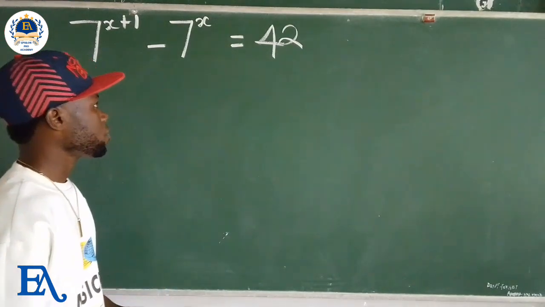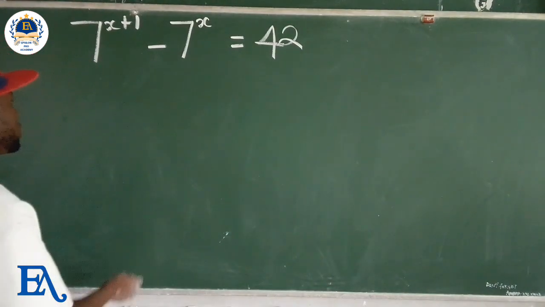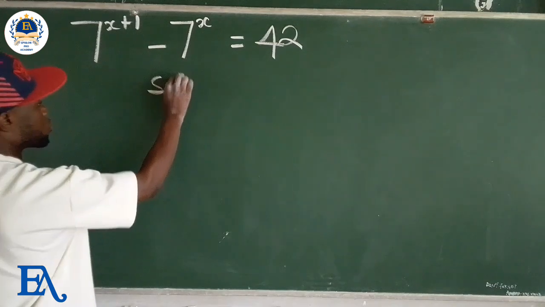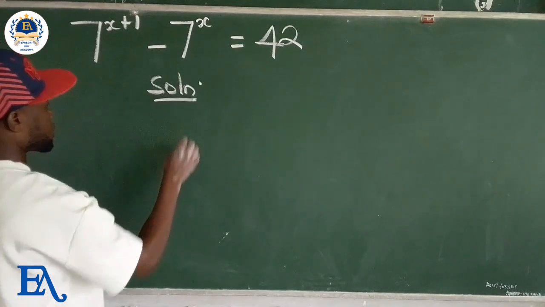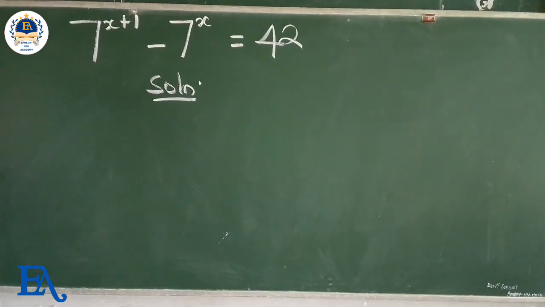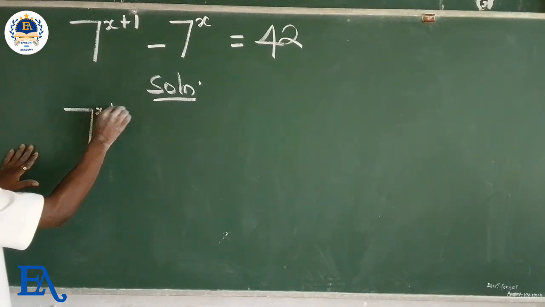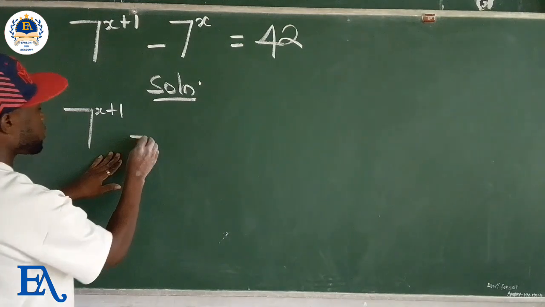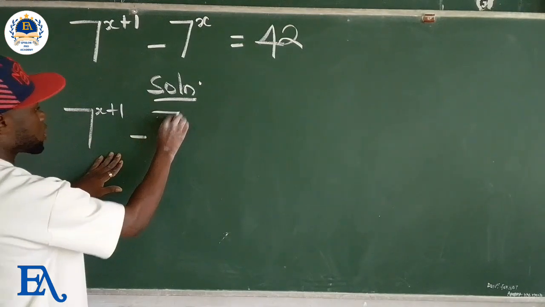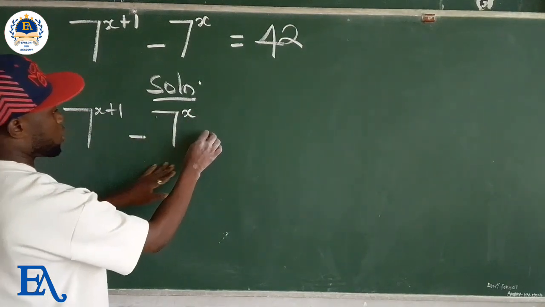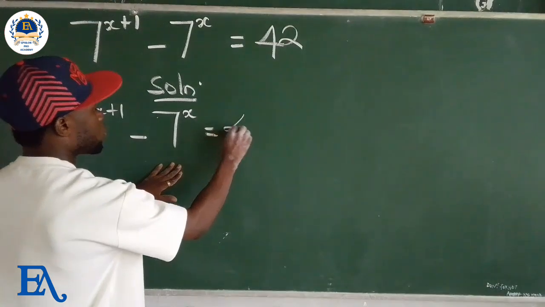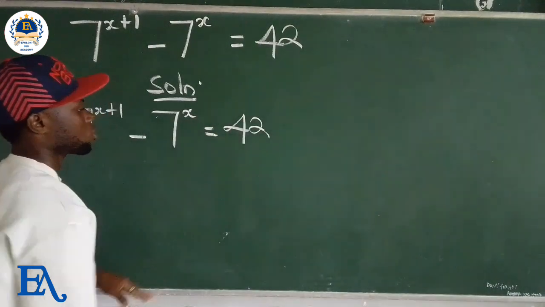The first thing we have to do is to put solution. Let me rewrite what is on the board. 7 raised to the power of x plus 1 minus 7 raised to the power of x is equal to 42.